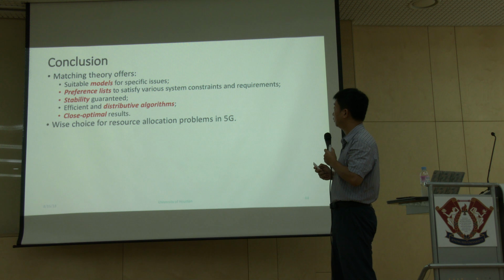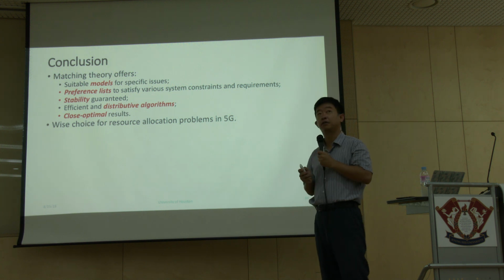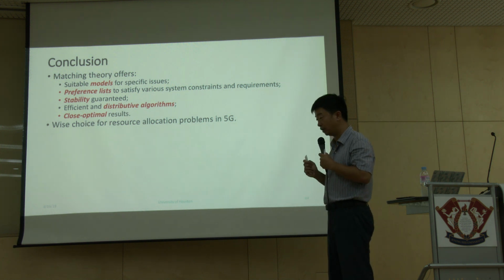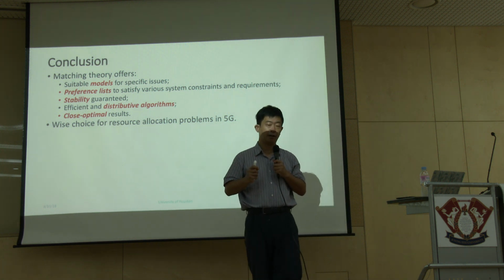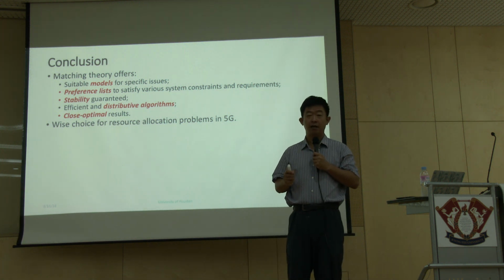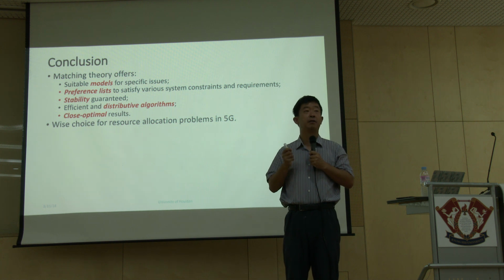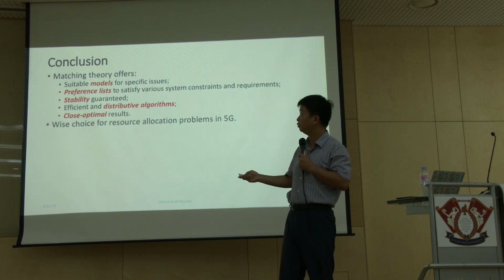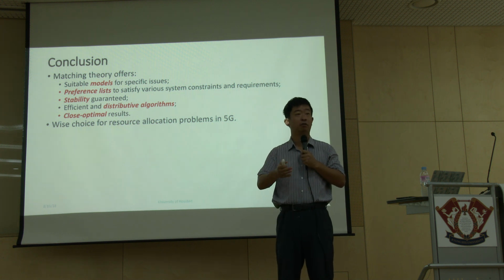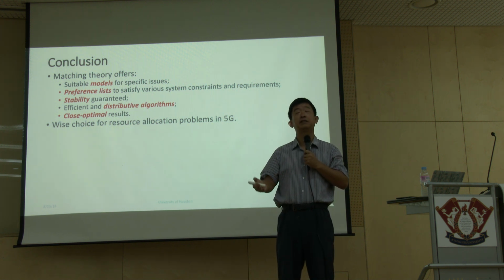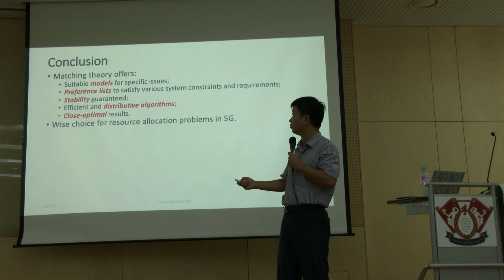So it is a wise choice for resource allocation, because, as I mentioned, resource allocation in the future network is a mixed integer programming, and the integer part typically makes it NP-hard. Here, using this kind of matching, you can make the integer part much simpler. For the rest, you use convex optimization.